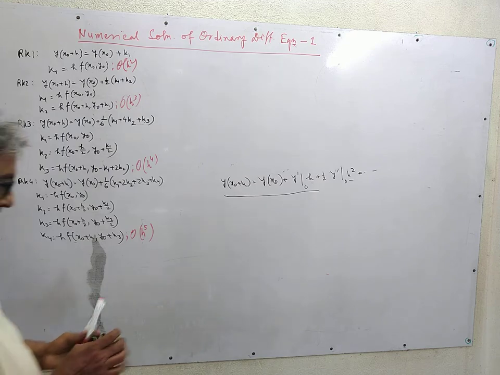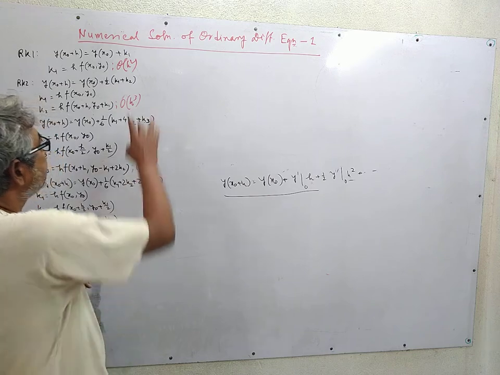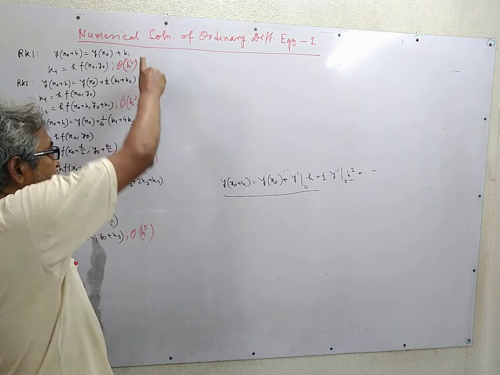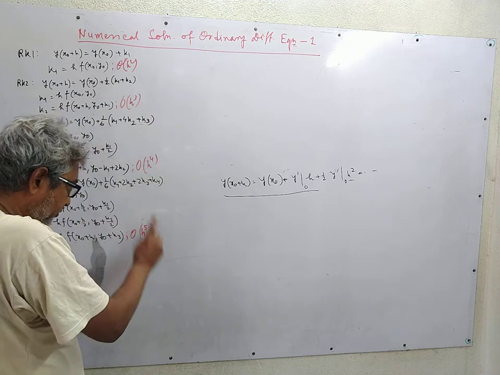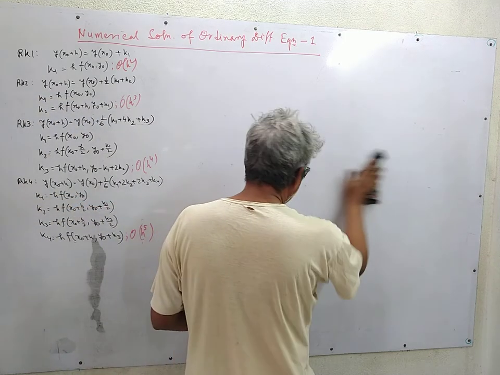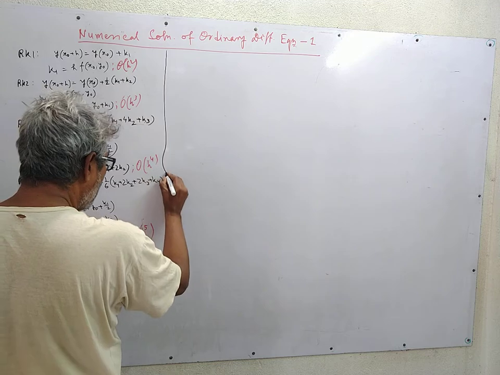If we consider h to be 0.1, then the error involved is of order 10 to the power minus 2, minus 3, minus 4, and 10 to the power minus 5. So by decreasing the value of h, we could get appreciable accuracy by using Runge-Kutta methods of higher and higher orders.